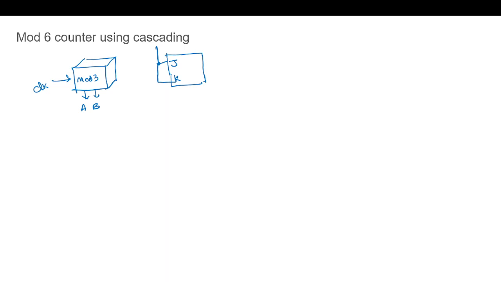Now if we cascade this mod 3 counter, two outputs A and B, clock to another mod counter. This will have two states 0 and 1, so mod 2 counter.